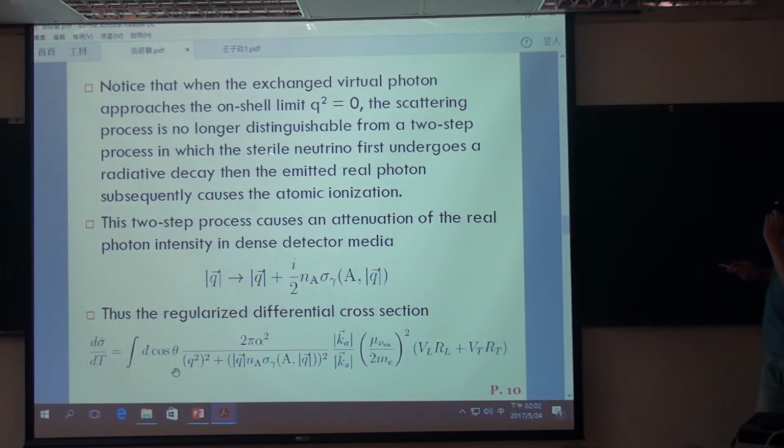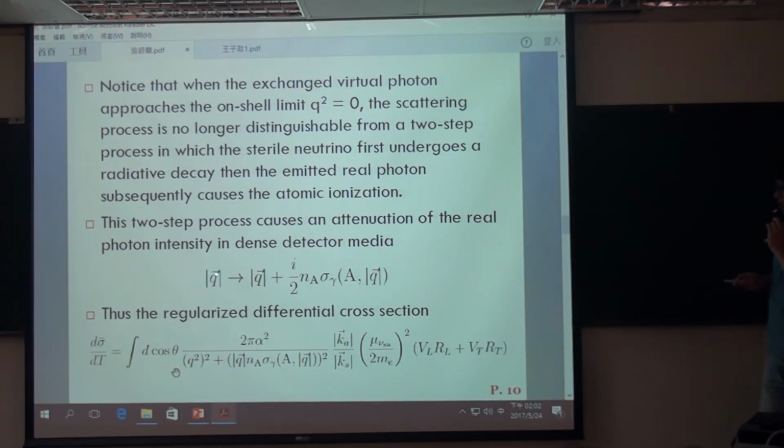So once you have that two-step process, we have a real photon propagating in your detector. That means electromagnetic waves propagating in media will have a damping factor in their momentum. This factor is due to the media.